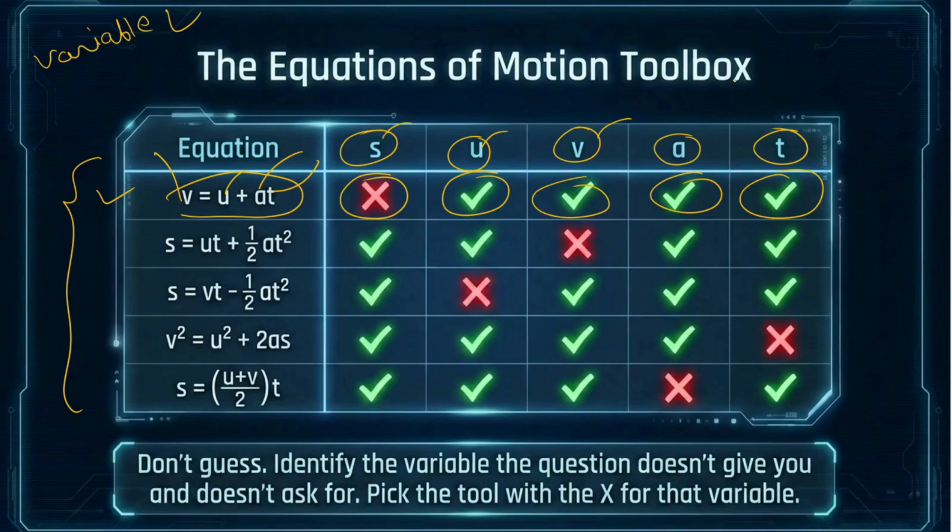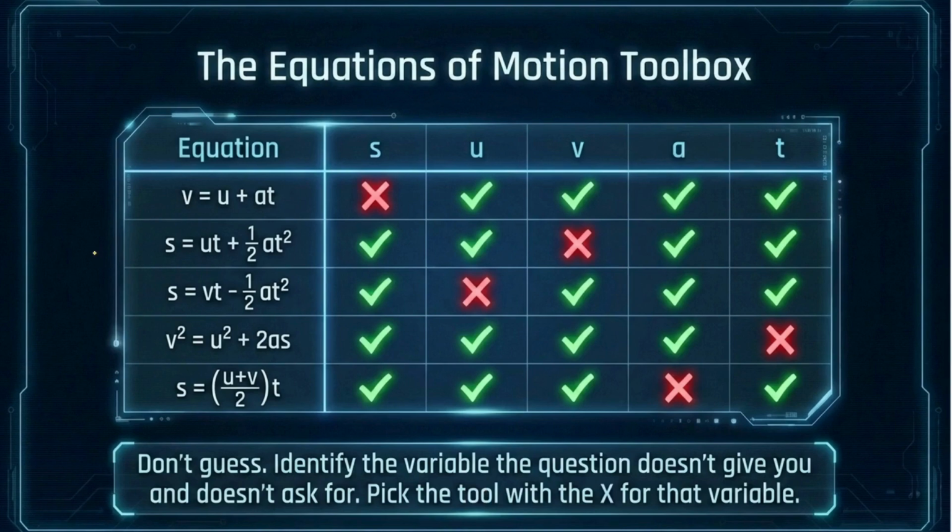So if in the question they ask for displacement, and you have all these quantities given to you, you have to use this first equation. Now in the second equation, you have s, u, t, a, so you don't have v. So if the question is like this, they ask for v and they give these quantities, use this equation, and like this way.